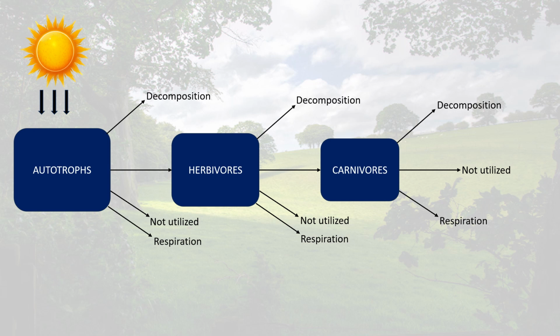Some, as shown here, is decomposed when the plants die, so that energy is given to the decomposers, and some energy is lost due to respiration. The second point is that much of the energy of autotrophs, that is, gross productivity, is lost by various pathways like decomposition, non-utilization of the energy, and respiration.